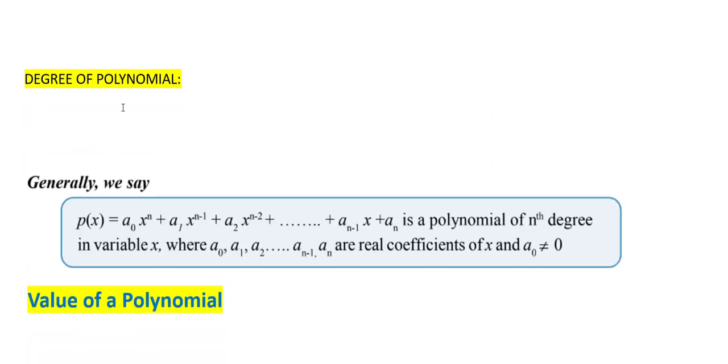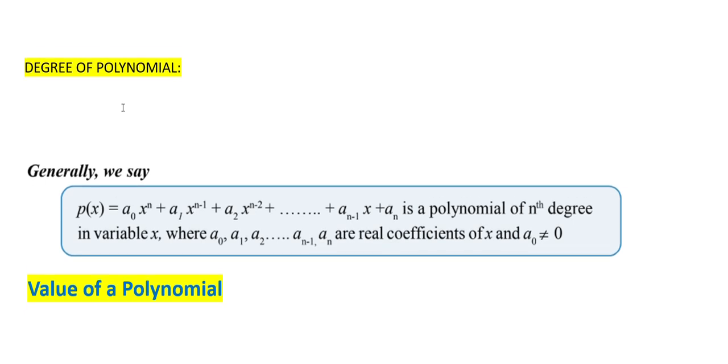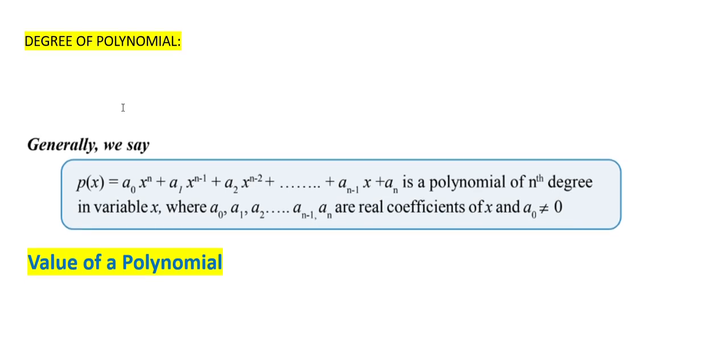Now look at the degree of a polynomial. For example, what is the degree? If any polynomial is given, for example a x plus b, it is one kind of polynomial. Here ax is one term, b is another term.